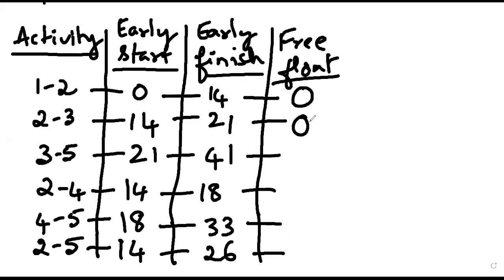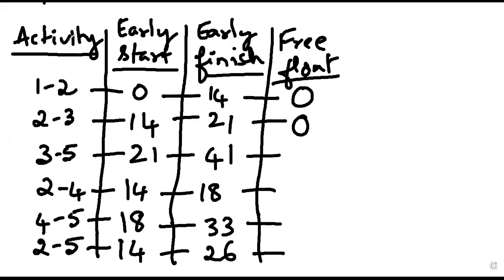Correct. 3-5 free float, I think this we were supposed to do. Is it right? Yes, we are supposed to solve free float for 3-5. Okay, so we'll continue from here.